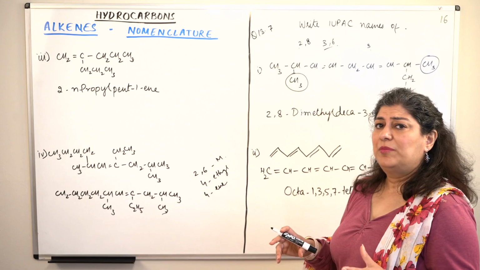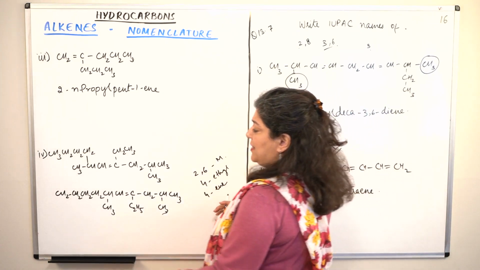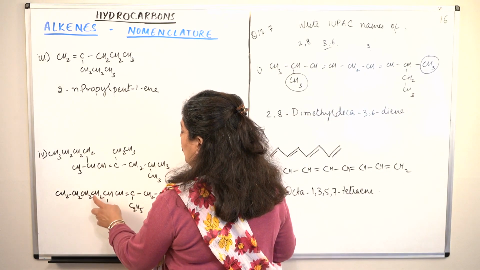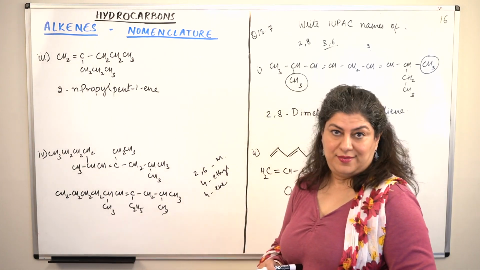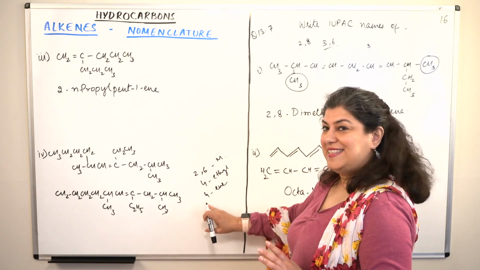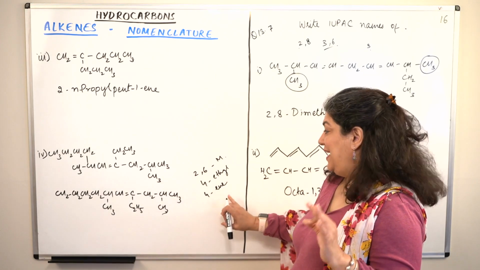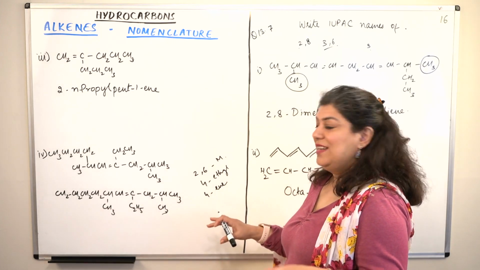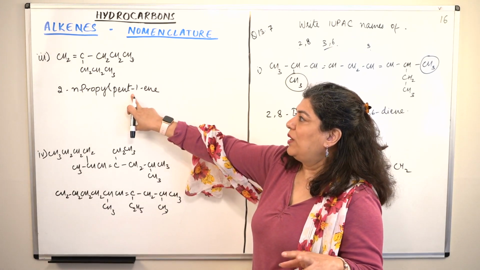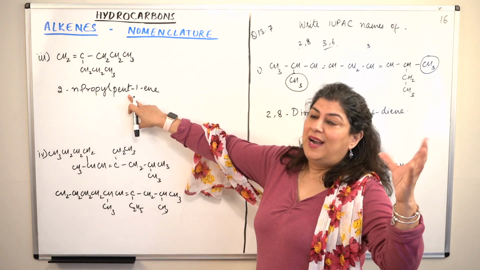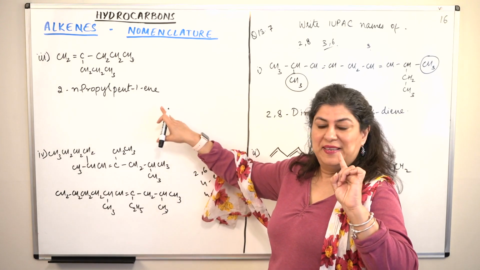And what is the total number of carbon atoms? What is the parent then? 1, 2, 3, 4, 5, 6, 7, 8, 9, 10. So it is decene. So it is dec-4-ene. Since there is only 1 ene, you will not be writing deca as we did here also. Did you notice? There was only 1 ene, so I did not write penta. I just wrote pent-1-ene.